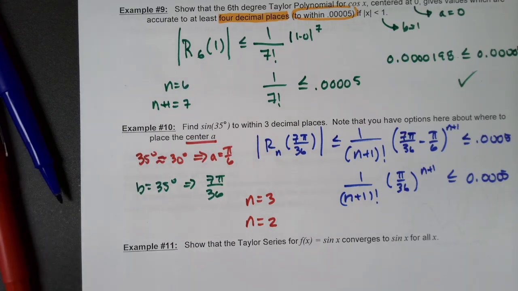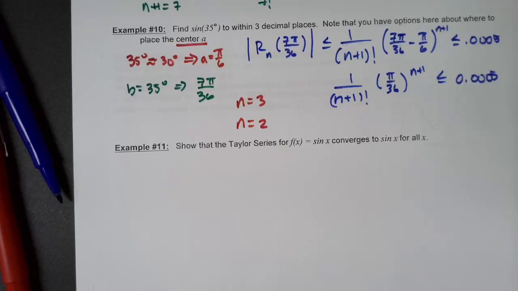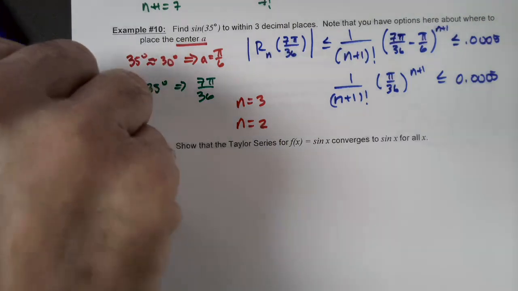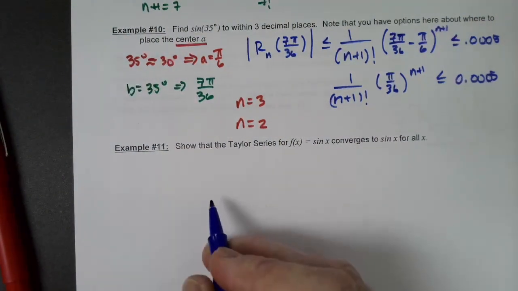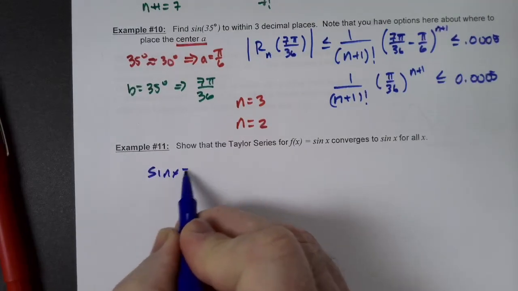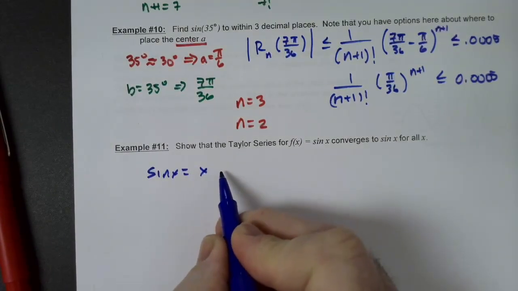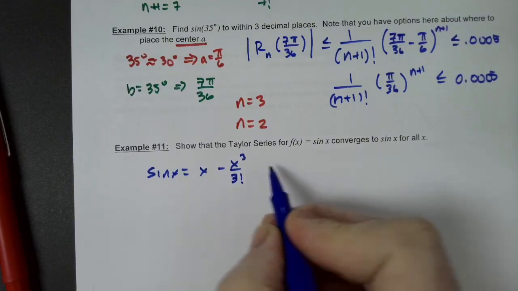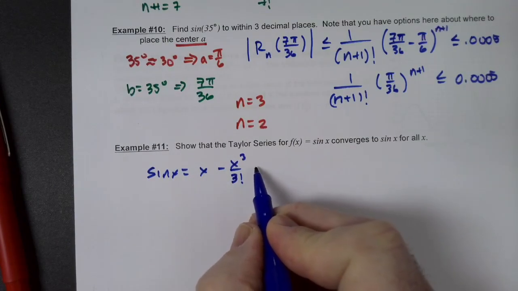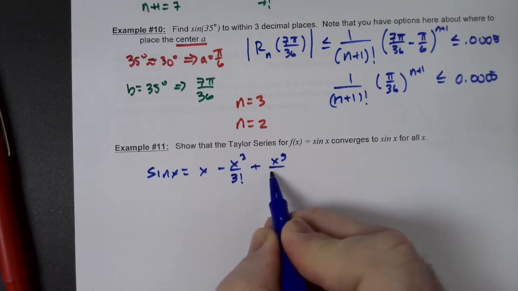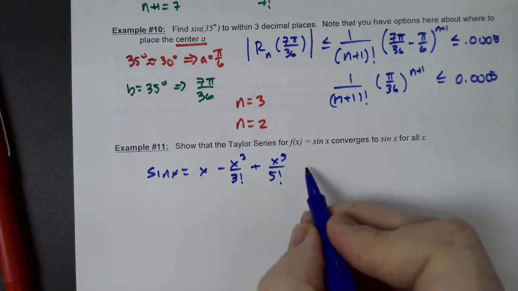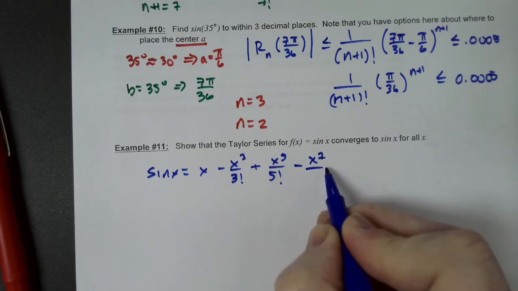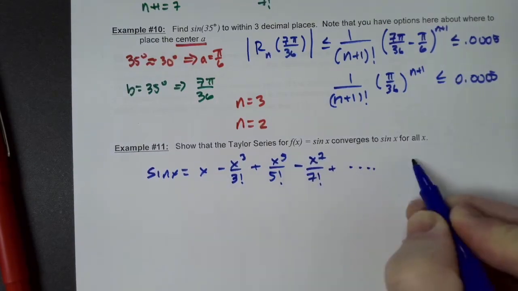Next, it says, show that the Taylor series for sine of x converges to sine of x for all a's. What are they trying to get at here? I don't know. But let's think about this. We know that sine of x is odd. We begin with x, and then we subtract x cubed divided by 3 factorial, and then we add x to the 5th divided by 5 factorial, x to the 7th divided by 7 factorial.